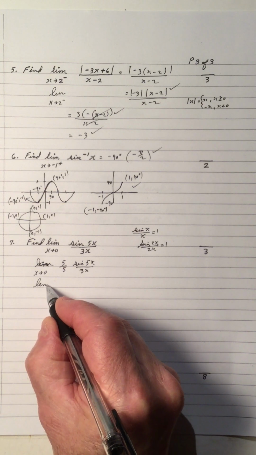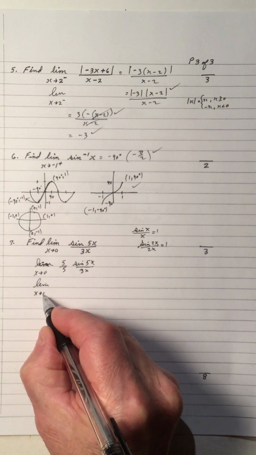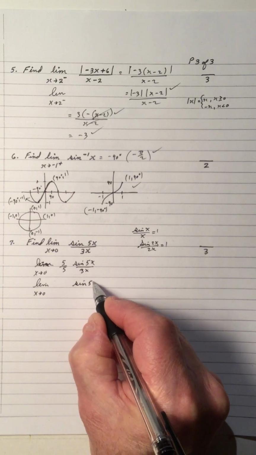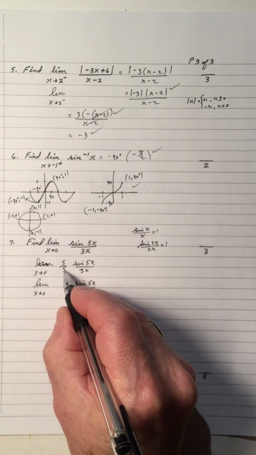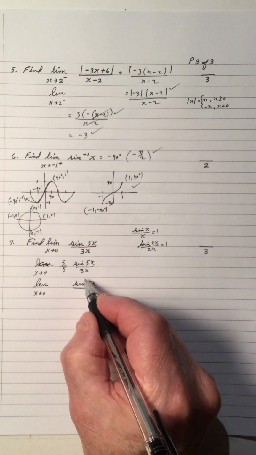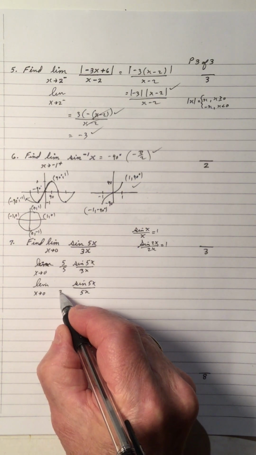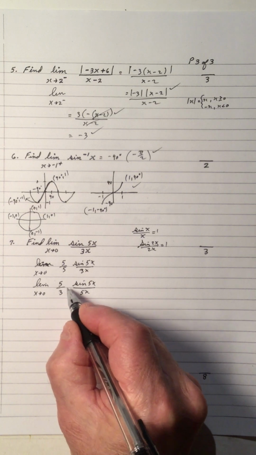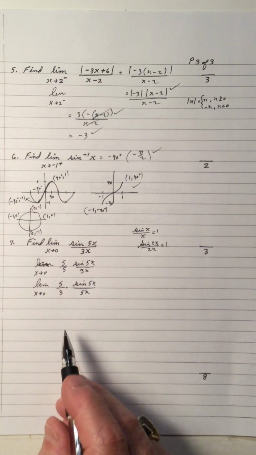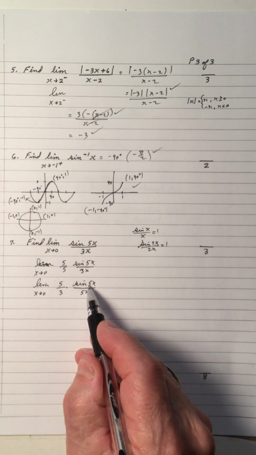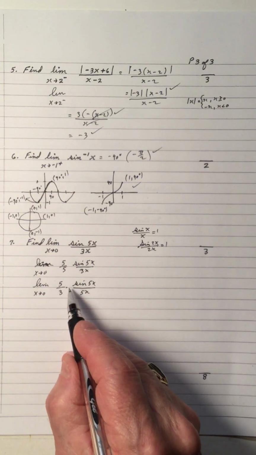So what I do then is there's the 5x here, so I take that 5 and move it here. I take the 3 and I move it out here. If you multiply 5 by 3x, you get 15x, so it's still true.